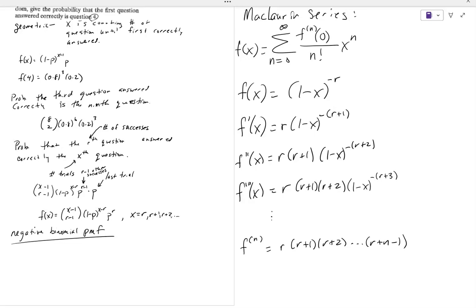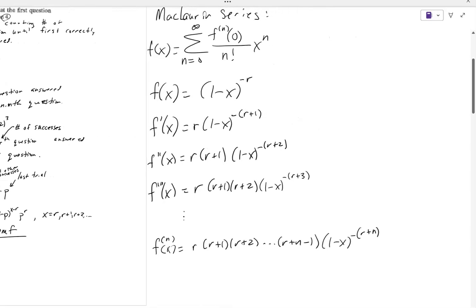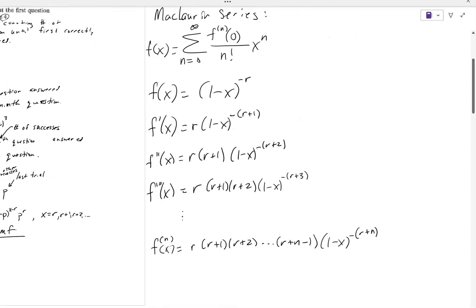Second derivative had an r and an r plus 1. Third derivative had an r and r plus 1, r plus 2. So this number here is always 1 less than that one. Right? And then we'll have 1 minus x to the negative of r plus n here. All right, so do we agree that that's the nth derivative?